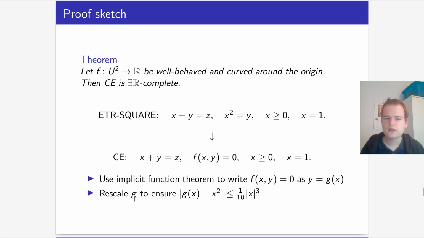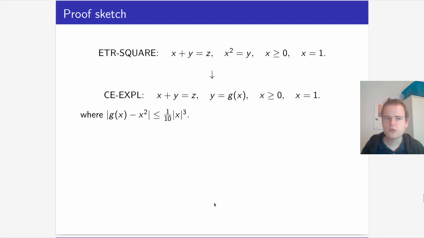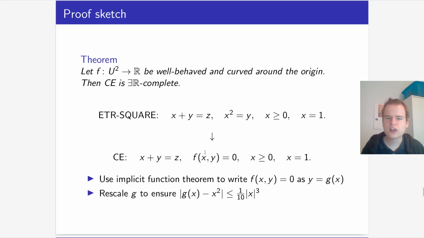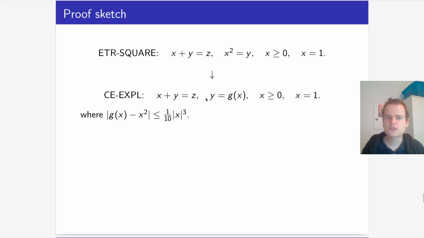By subtracting some linear polynomial from g and rescaling it a bit, we can ensure that g very closely resembles squaring. In this way we get this equivalent problem, CE explicit, where the implicit constraint from the previous slide is replaced by a constraint of the form y equals g of x, where g is scaled in such a way that it very closely resembles squaring.